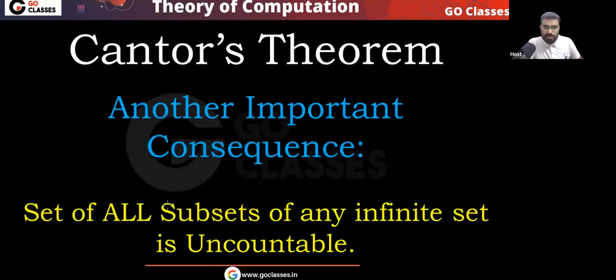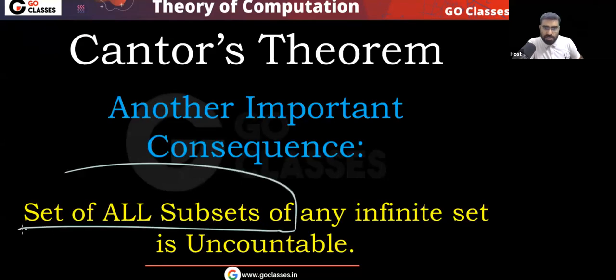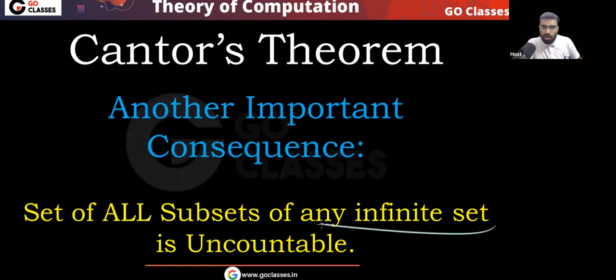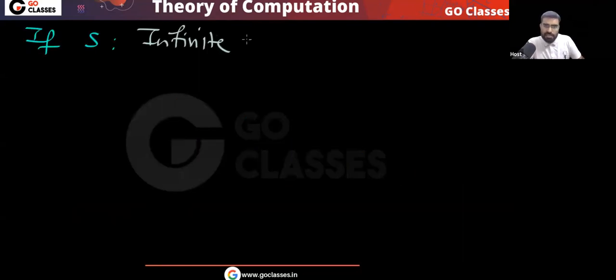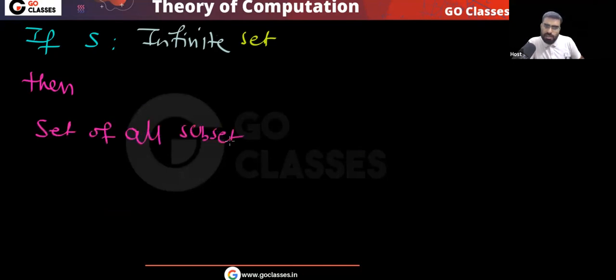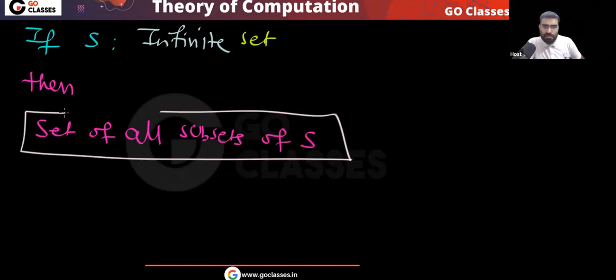Notice what this is saying: if S is infinite, then what can you say about the set of all subsets of S? The set of all subsets of S is your power set of S.